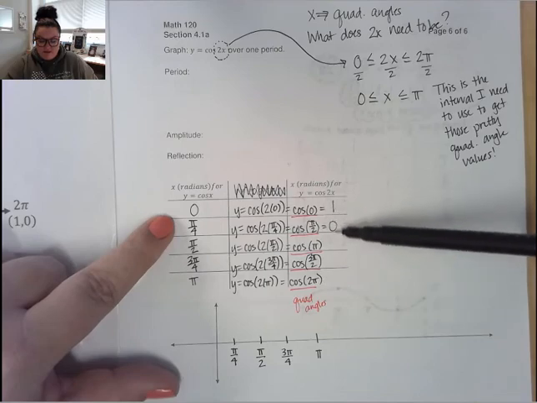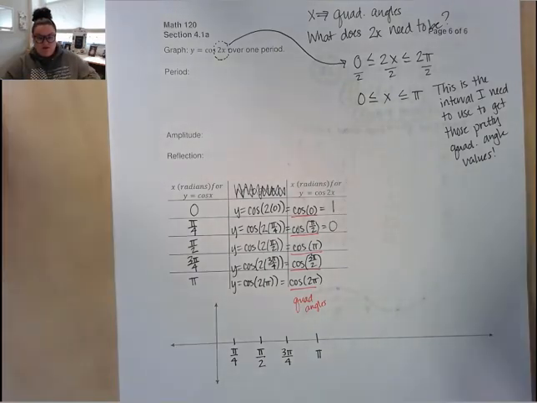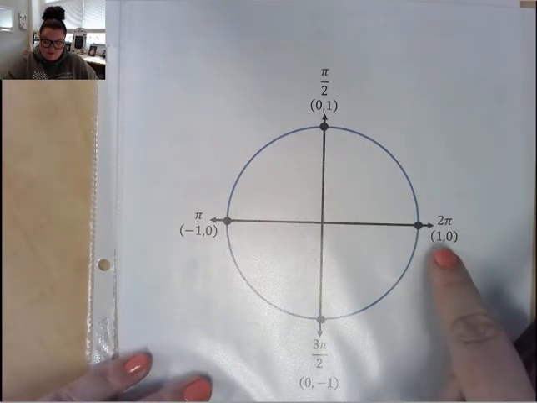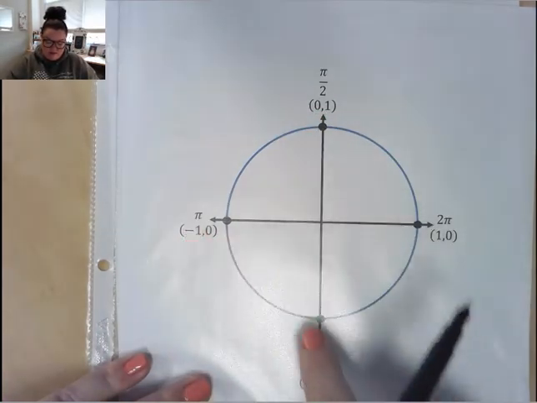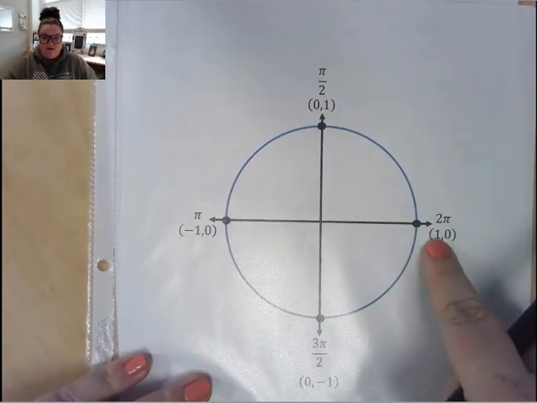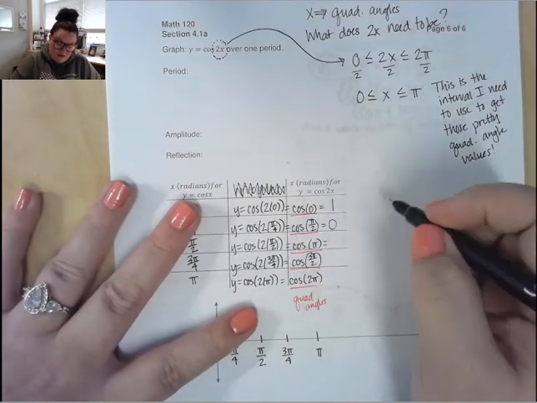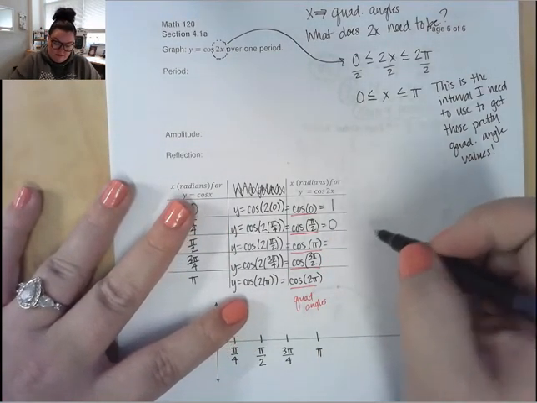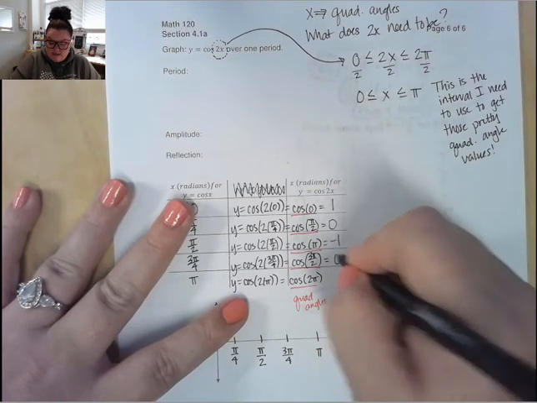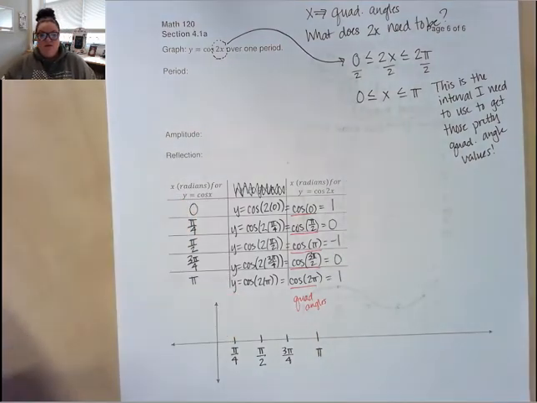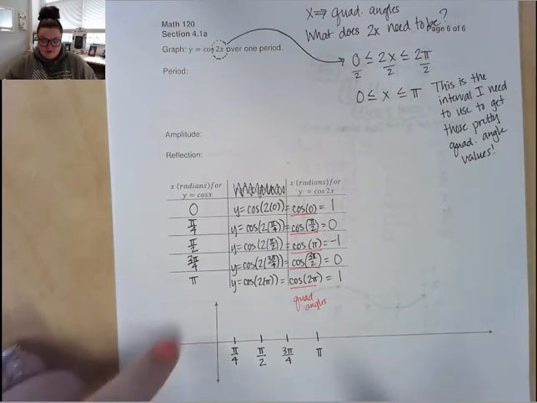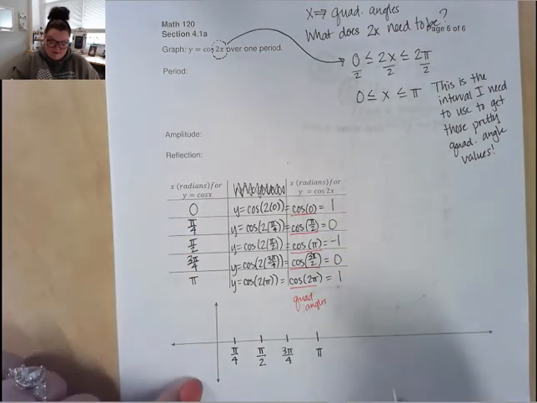So I can still go around and just use those nice y values of 1, 0, -1, 0, 1. Okay, so I'm going to go ahead and fill in those other ones. 1, 0, -1, 0, 1. Okay, so those are the values that I'm going to go ahead and graph on here.